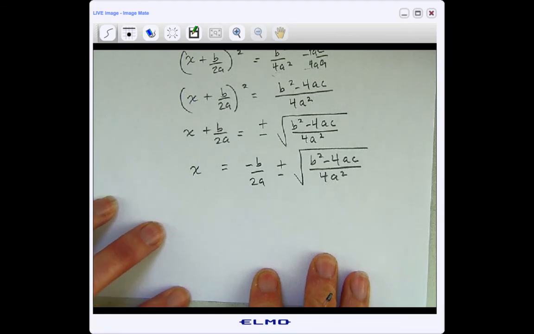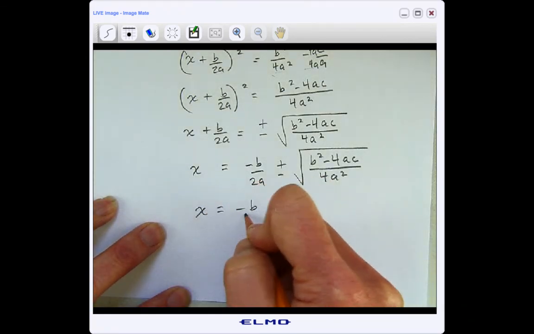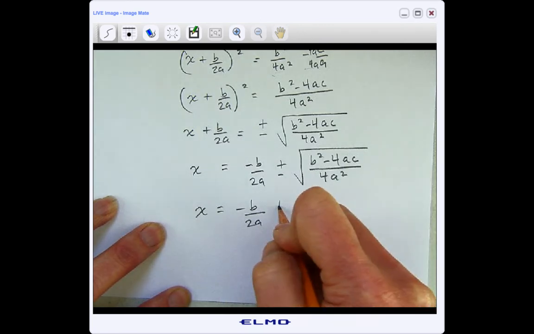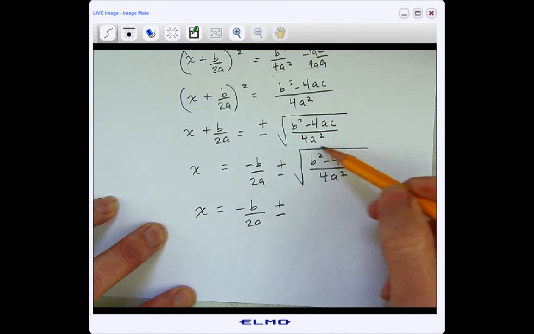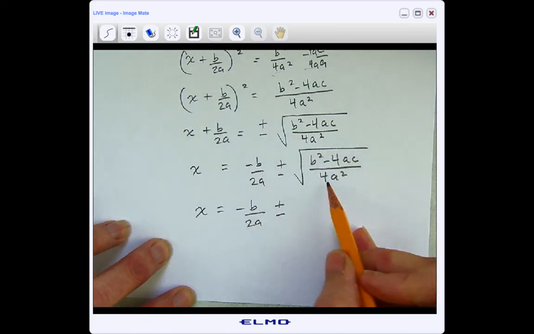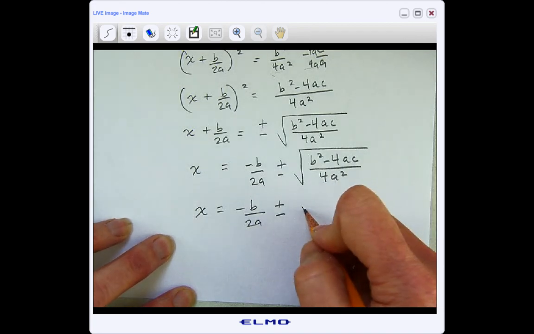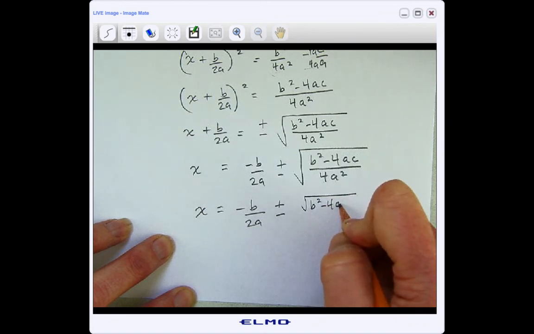All right. Now I can simplify this a little bit further. I'm taking the square root of this fraction. The top I can't really do much with in terms of simplifying, but 4a squared is actually a perfect square, so I can split my fraction and write the square root of b squared minus 4ac.